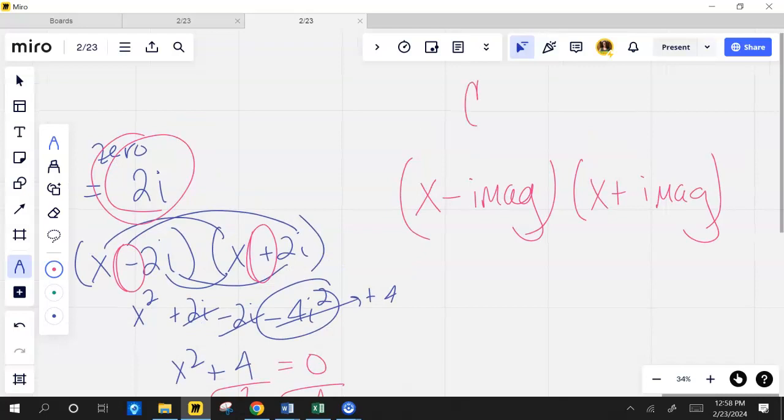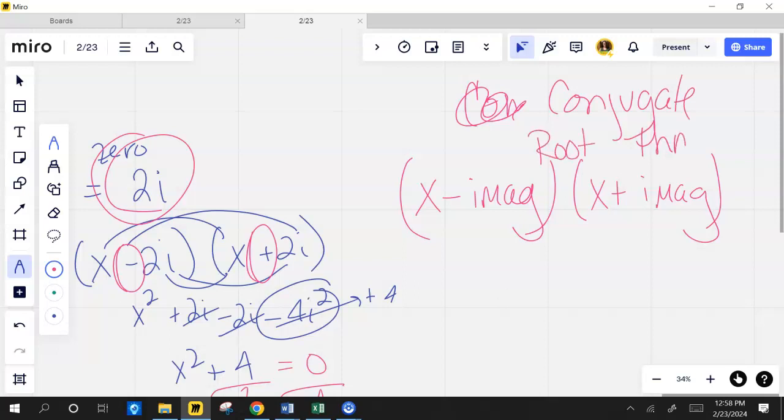This is the conjugate root theorem. Now, why in the world do we need to know this?